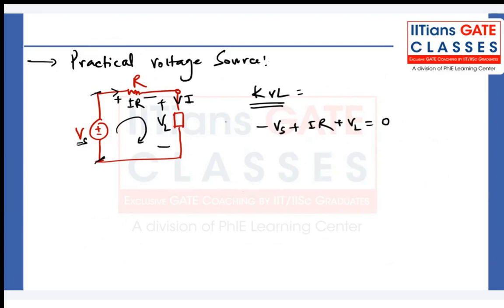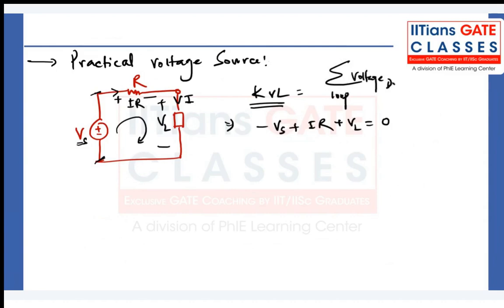While applying KVL, you either start with the first sign or the second sign. KVL is nothing but the sum of all the voltage drops around the loop.